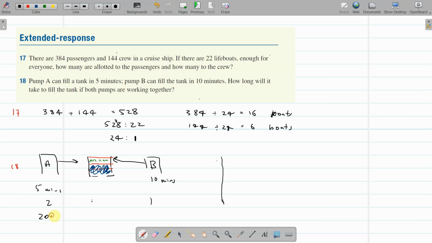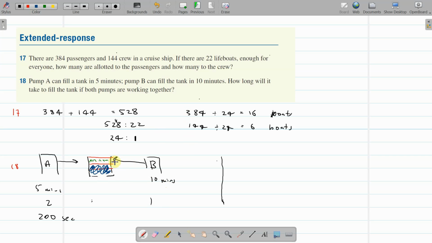200 seconds. Now if I've done this right, this bit here is 1/3 of pump B's capacity. It takes 10 minutes to do all 3 parts, whereas it only needs to do 1 part. That should be the same time.